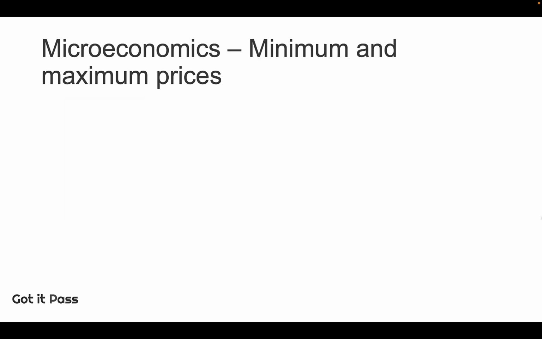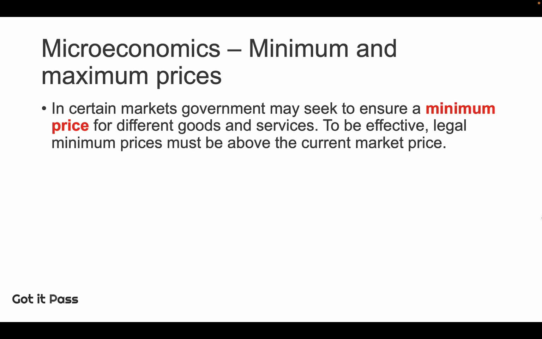And now we talk about some topics relevant to what we discussed on excess supply or excess demand. Here is the topic about minimum and maximum prices. In certain markets, governments may seek to ensure a minimum price for different goods and services. There may be a political reason, or any other reason not considered an economic reason.